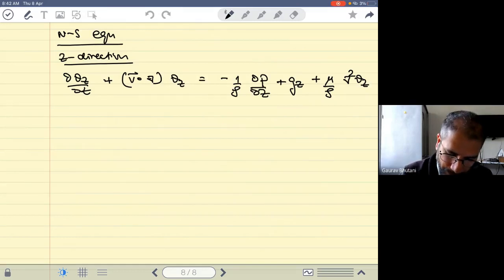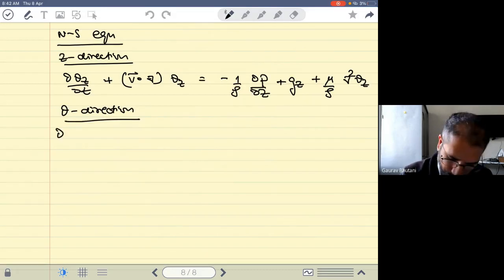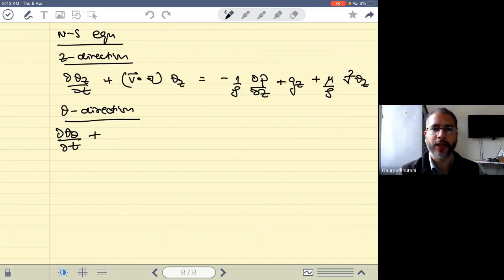Then we also have the theta direction. That's a bit more complicated. Again, we did not derive this, but the similar ideas that we had used can be used to derive this in cylindrical coordinates.